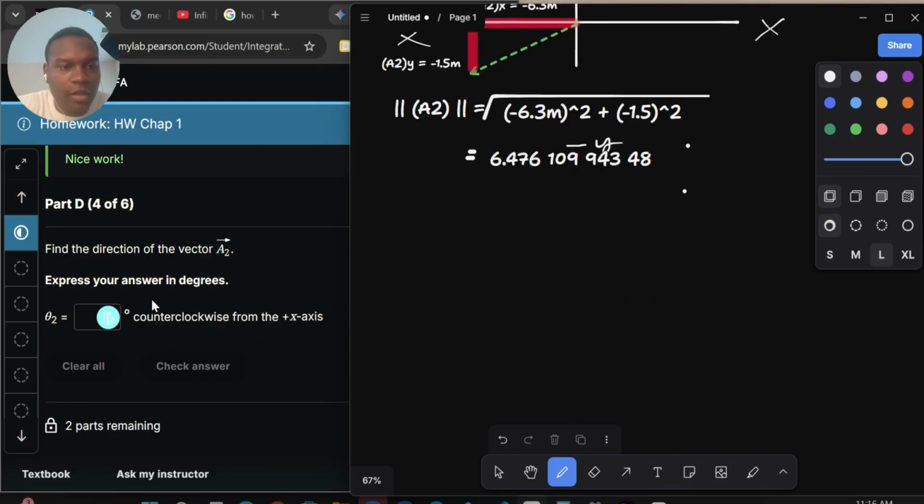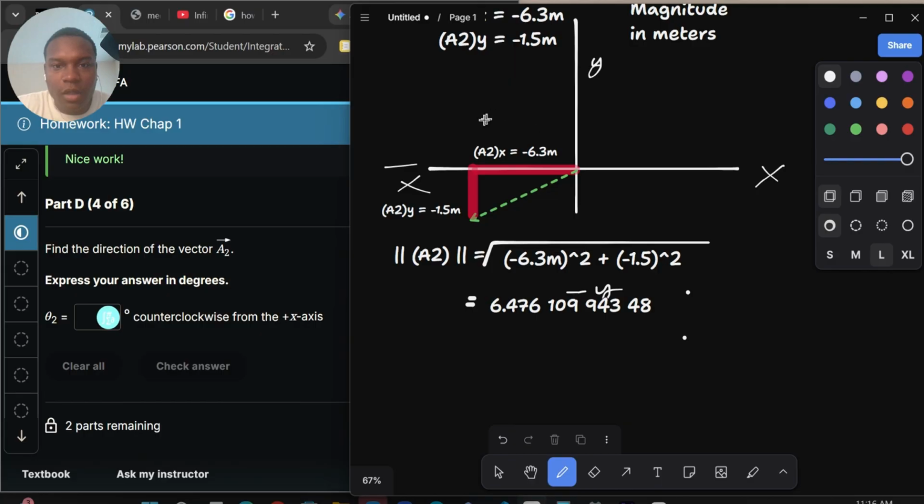Now we're going to find the answer in degrees. Luckily for us, this time we actually made the triangle with the components first. So we're going to put 6.5 meters.